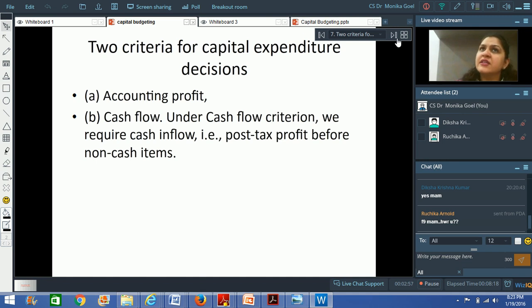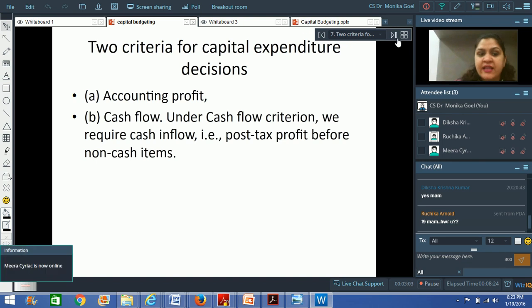Another reason is that whatever techniques you learn in this chapter are going to be used throughout your syllabus. So you need to understand this chapter very particularly, and you have to do a lot of practical questions from this chapter also.